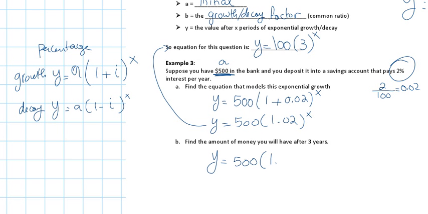Then plug this in the calculator and tell me what you get. $530.60. So after 3 years, you have $530.60. Does it make sense? You started with 500, your money increased about $30. Makes sense, 2% is not that much of a percentage.